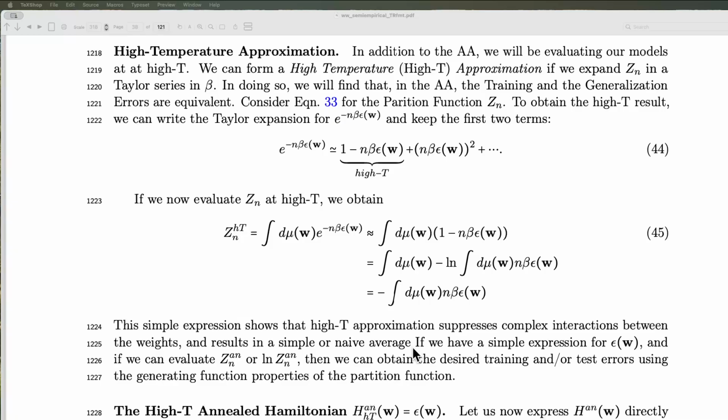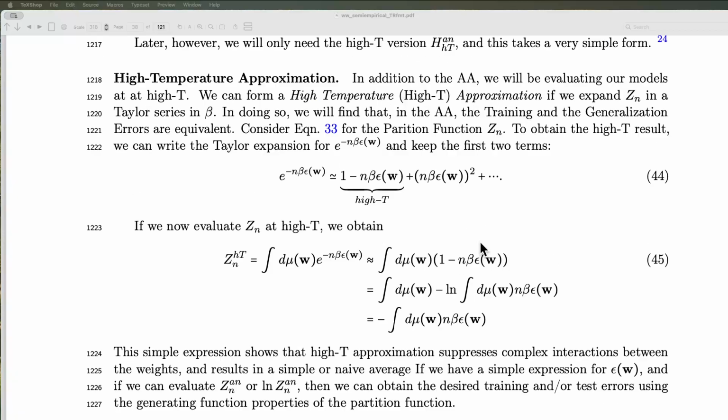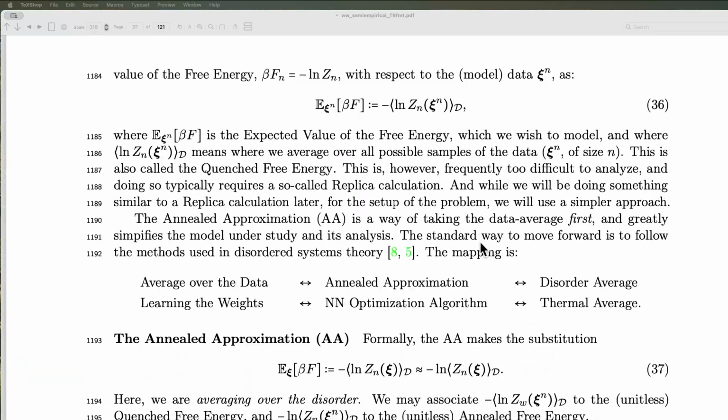Epsilon, go ahead. You had a question? Yeah, I have a question. What is the meaning of the high temperature in the case of neural networks? Typically in neural networks, there's a mapping we try to give here.